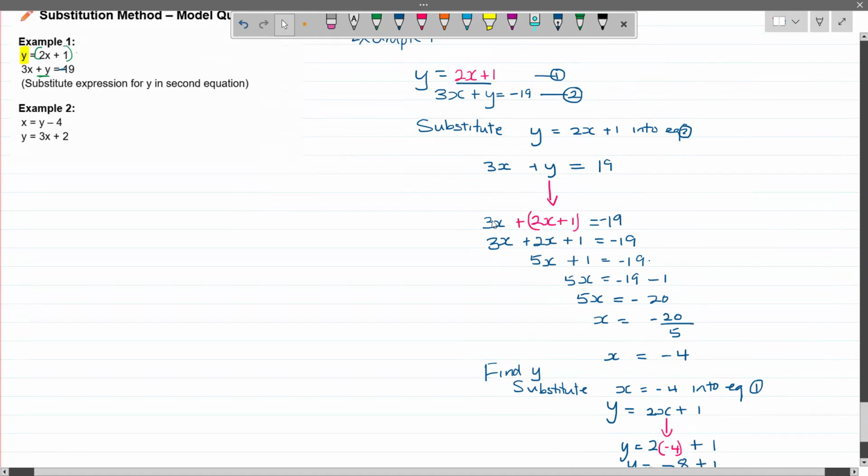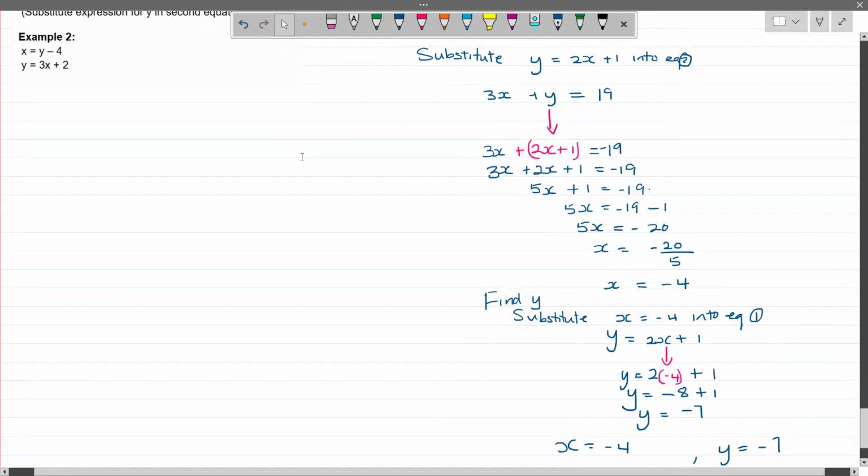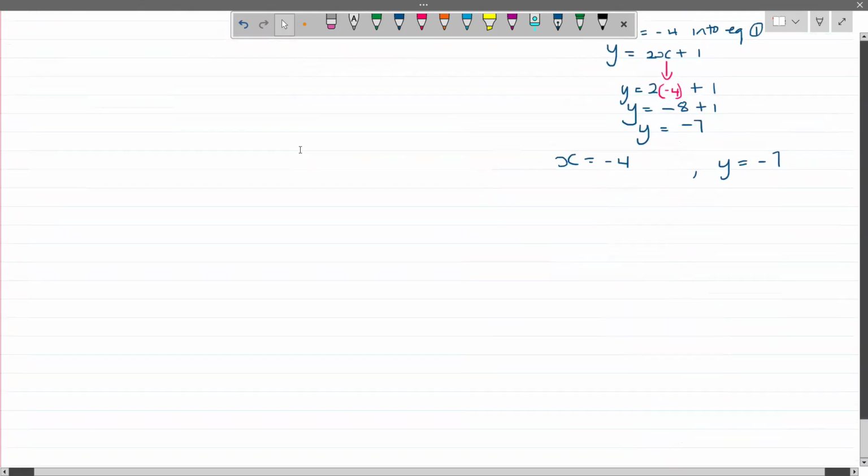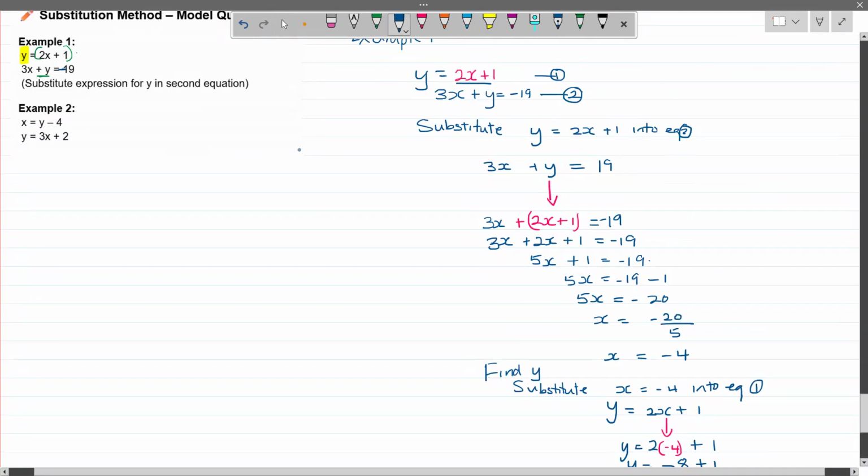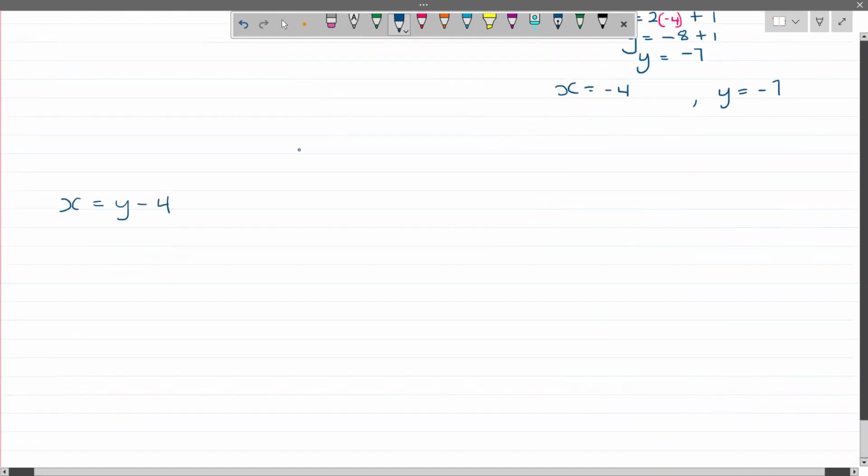Let's look at another one. Slightly difficult example. X is equal to y minus 4. I'll just write it on it here. Y is equal to 3x plus 2. We want to solve here.